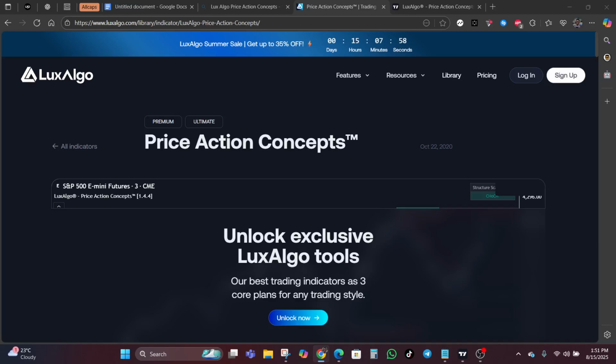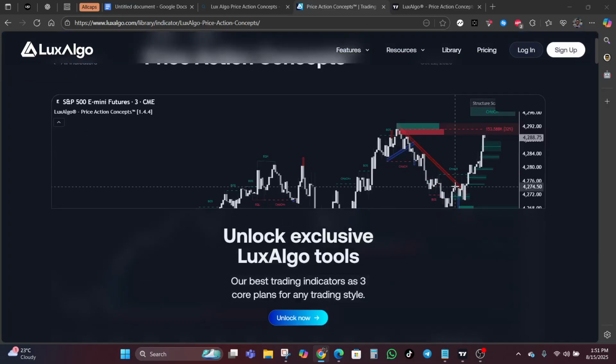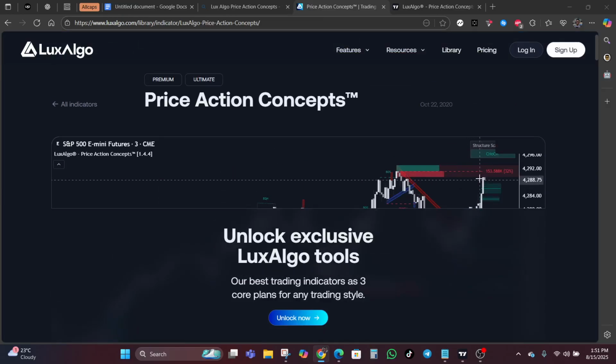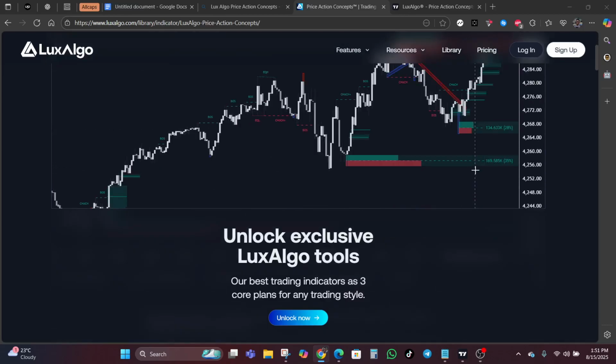It works with the principles of smart money concept, things like break of structure, change of character, and supply and demand zones. If you have ever struggled to identify market structure or read price action with confidence, then this is going to be a game changer for you. Instead of manually marking levels and trying to interpret price action, this tool automates it in real time.